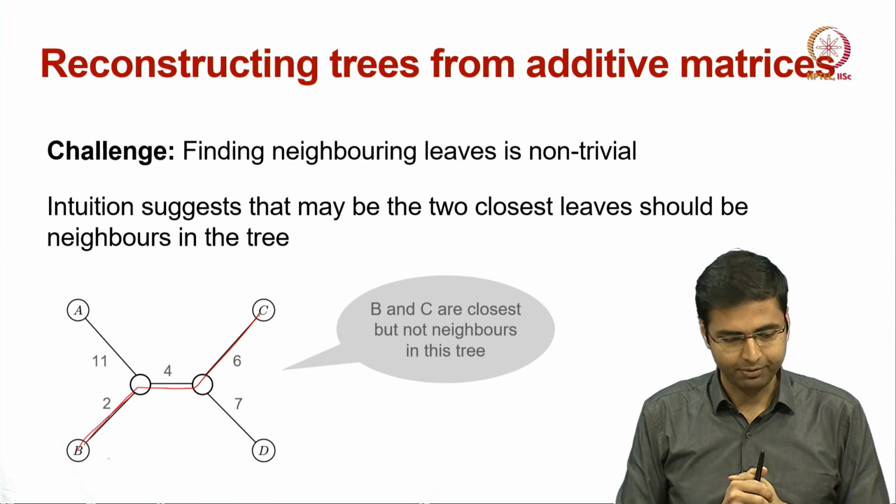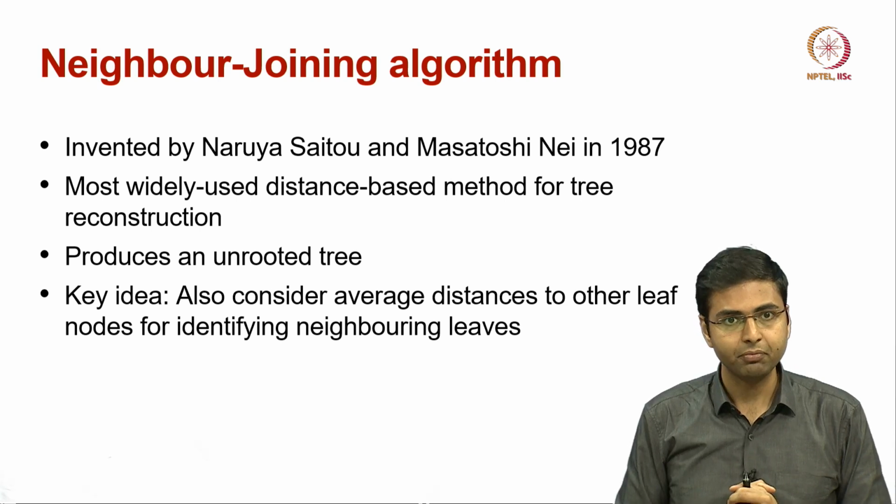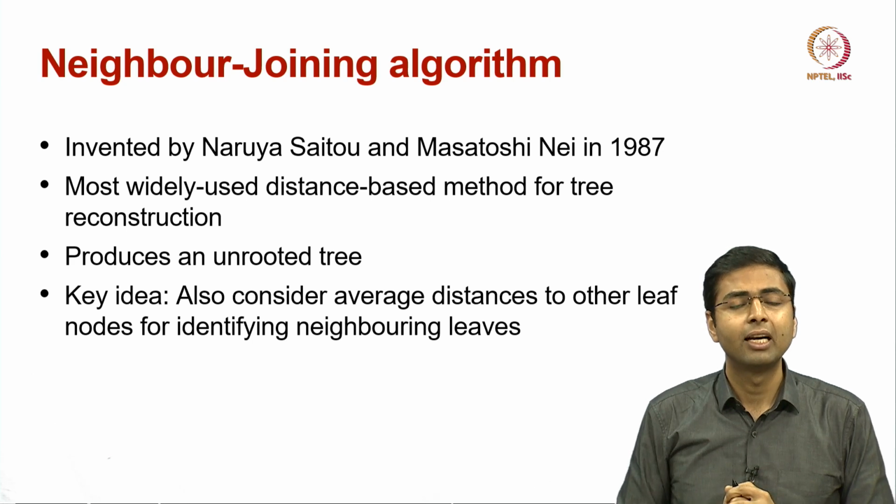This challenge was addressed in 1987 by an ingenious algorithm developed by Saitou and Nei. This algorithm is known as the neighbor-joining algorithm, and this is the most widely used distance-based method for tree reconstruction. This algorithm produces an unrooted tree.